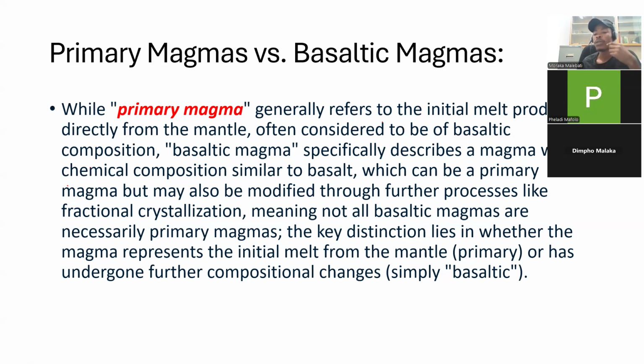The basaltic magma will undergo magmatic differentiation, and then evolve into the intermediate rocks, and then also evolve into the felsic components. That's what you call basaltic magmas.